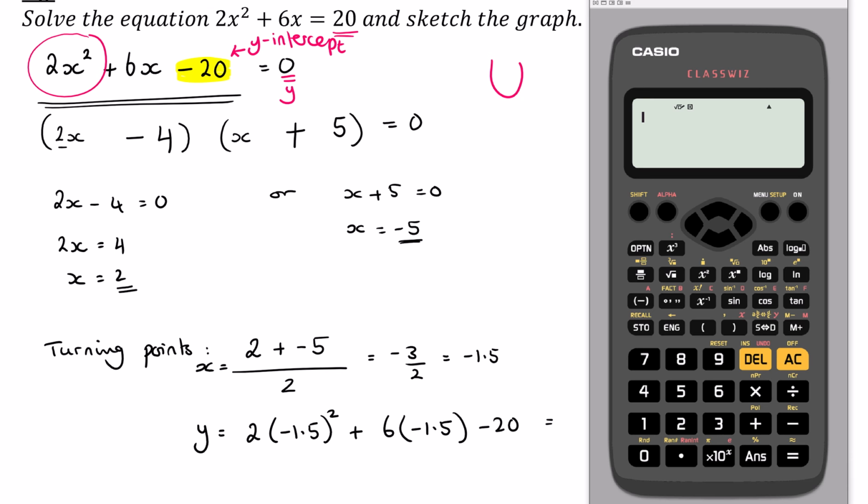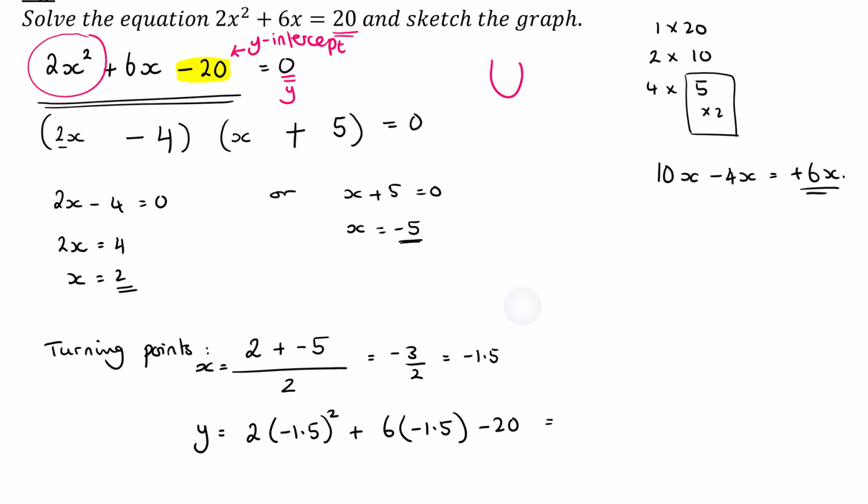And we get our calculator: 2 brackets minus 1.5 squared plus 6 brackets minus 1.5 minus 20. So that is minus 24.5. So that is the turning point: minus 1.5 and minus 24.5.